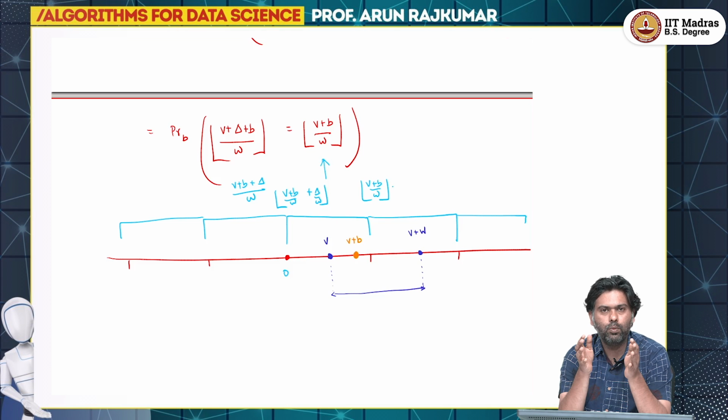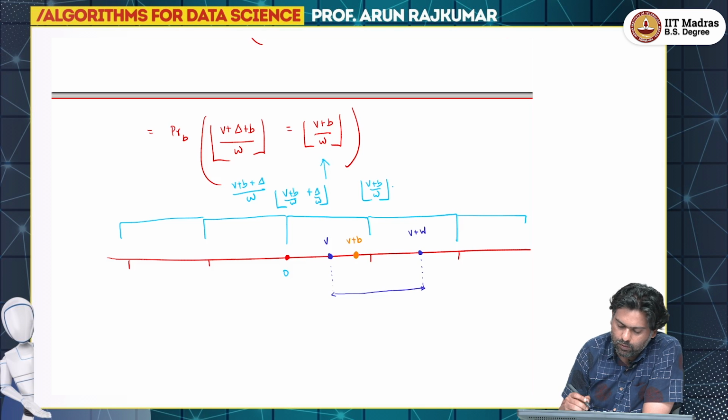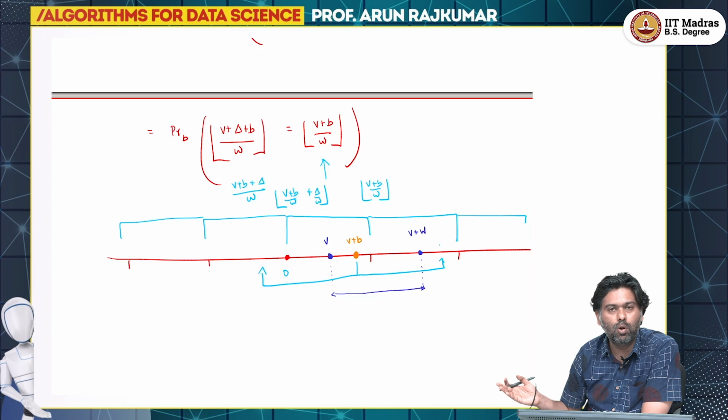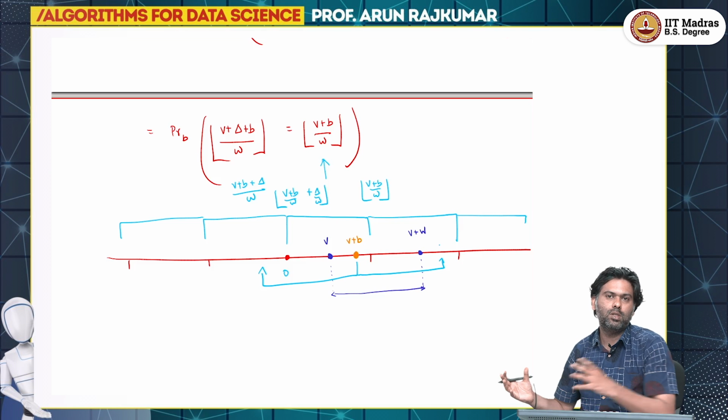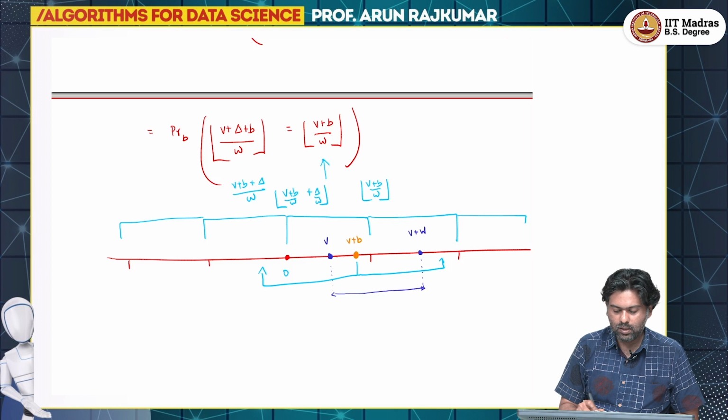If the absolute value of delta is more than W, then I would have jumped to either this side, or somewhere here, to the right hand side box, depending on whether delta is positive or negative. If the absolute value is more than W, then I will not be in this box.